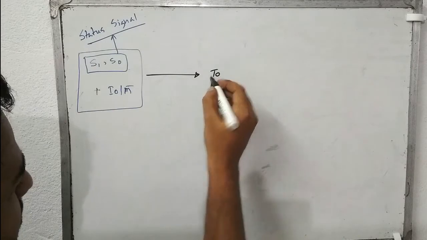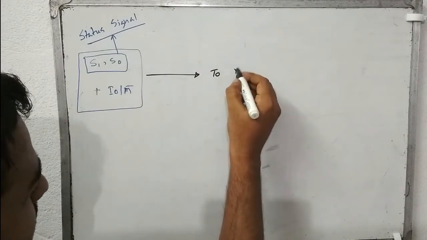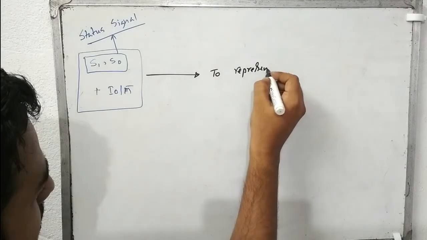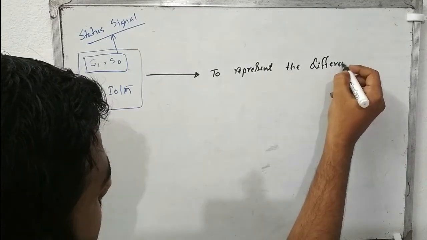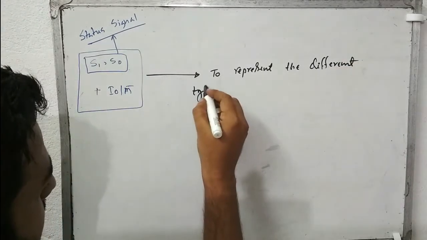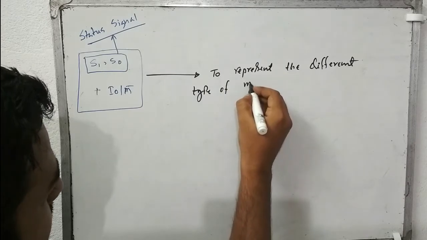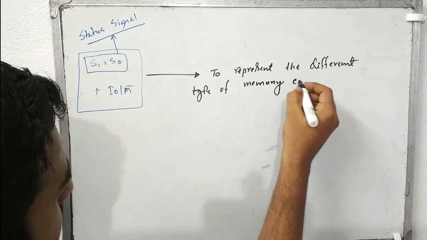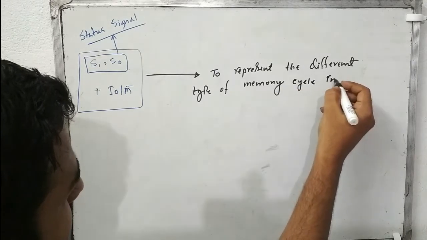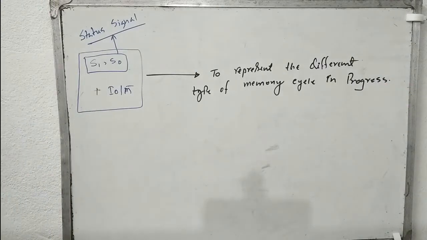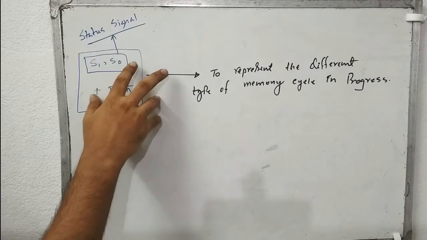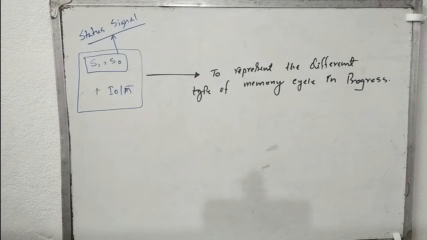What is the use of these three? To represent the different types of memory cycle in progress, we use this combination of these three status signals and produce different types of status signal for the different types of operation.